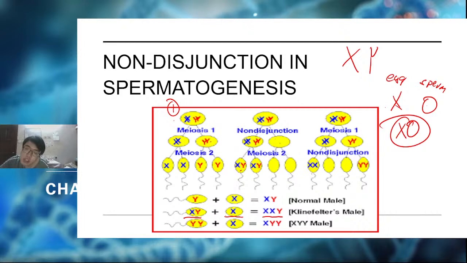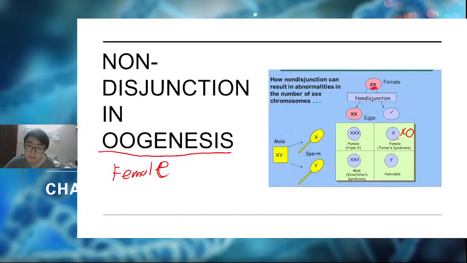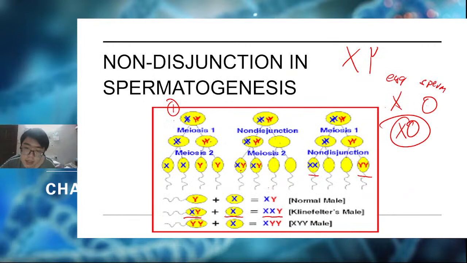So one sperm will have 2 X chromosomes and another sperm will contain 2 Y chromosomes. If this XX sperm combines with the X of a female, XX plus X will produce XXX. So this is the triple X syndrome.